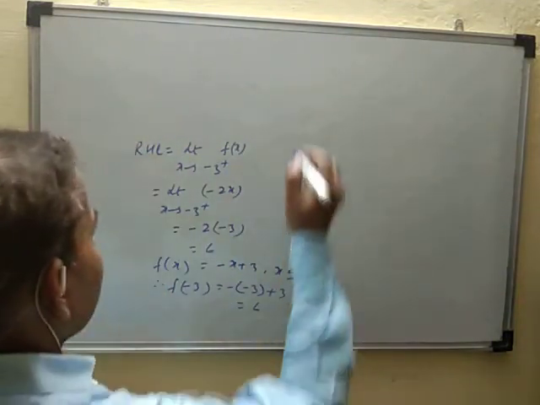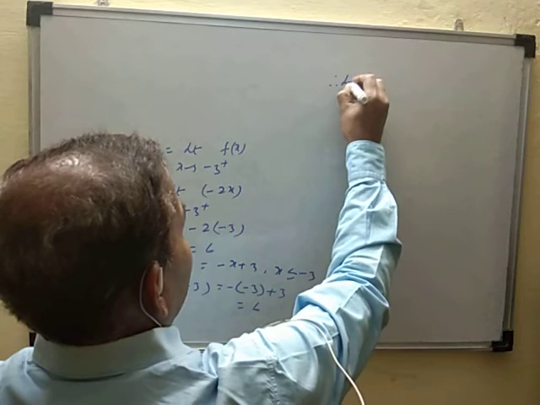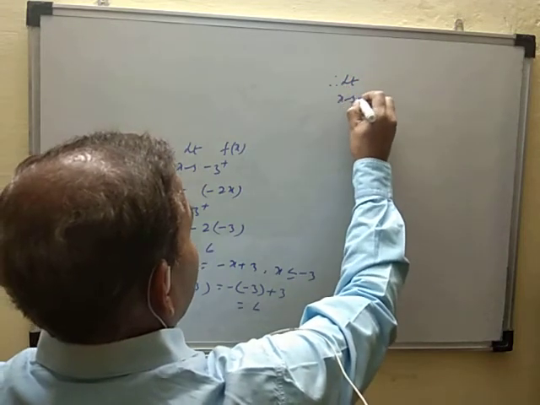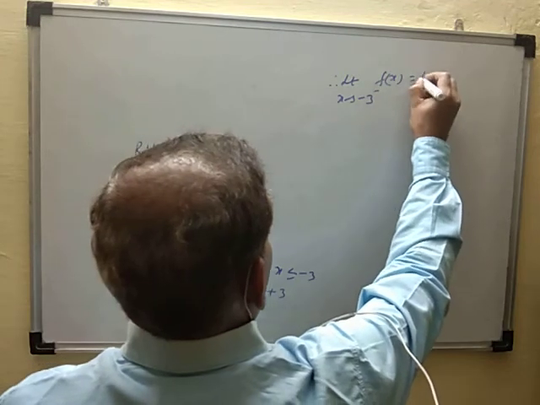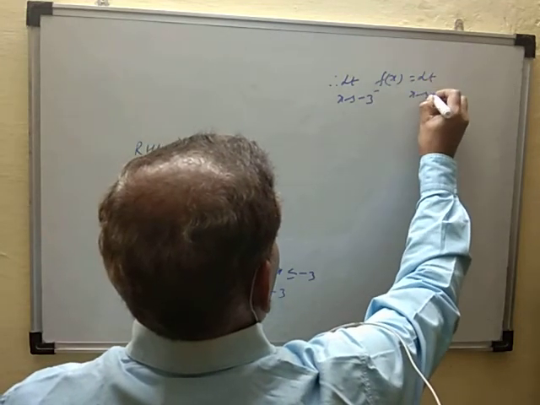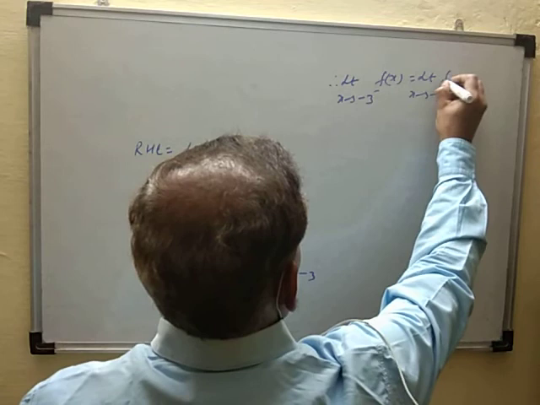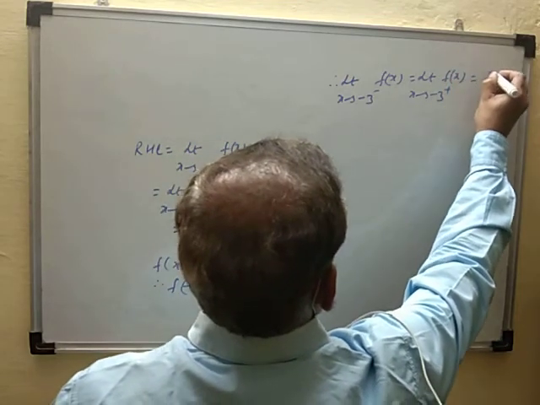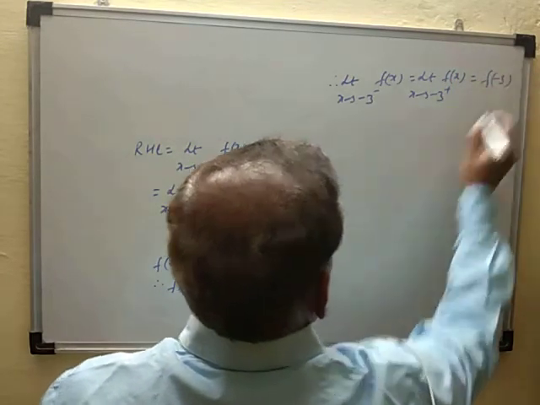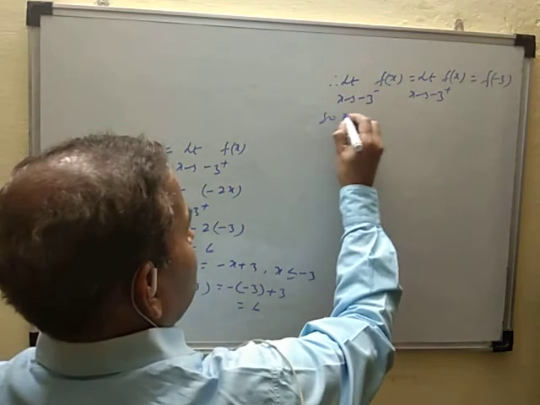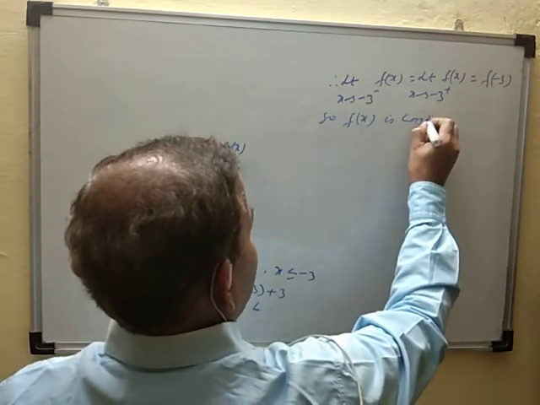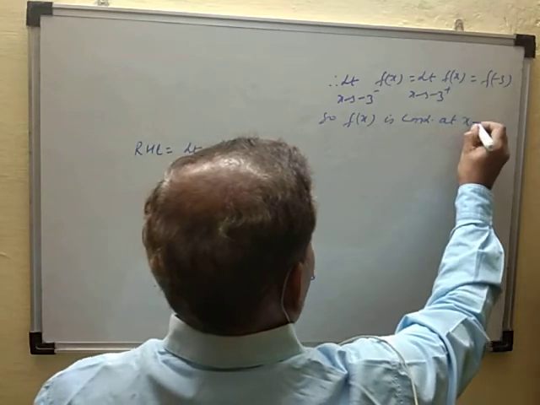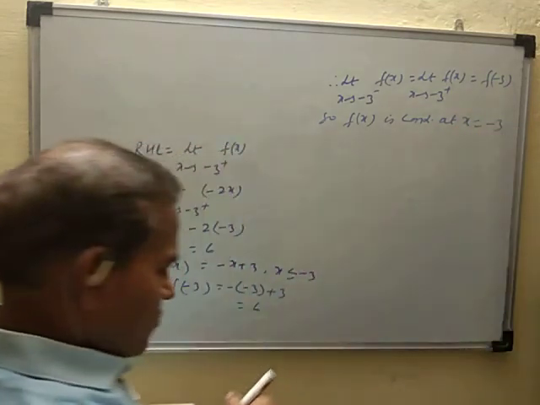Therefore limit x tends to minus 3 minus f of x is equal to limit x tends to minus 3 plus f of x is equal to f of minus 3. So f of x is continuous at x is equal to minus 3.